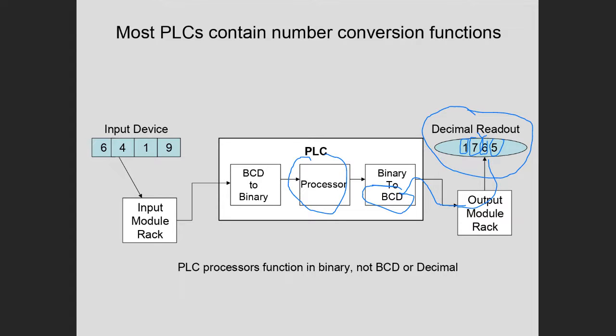And BCD, binary coded decimal, we use to display the single digits 0 through 9 so that I can read them with a digital readout, or if I want to enter each digit independently using the thumb wheel or some other input device that allows me to enter individual digits. Then I want to use binary coded decimal. So we have ASCII and we have binary coded decimal.